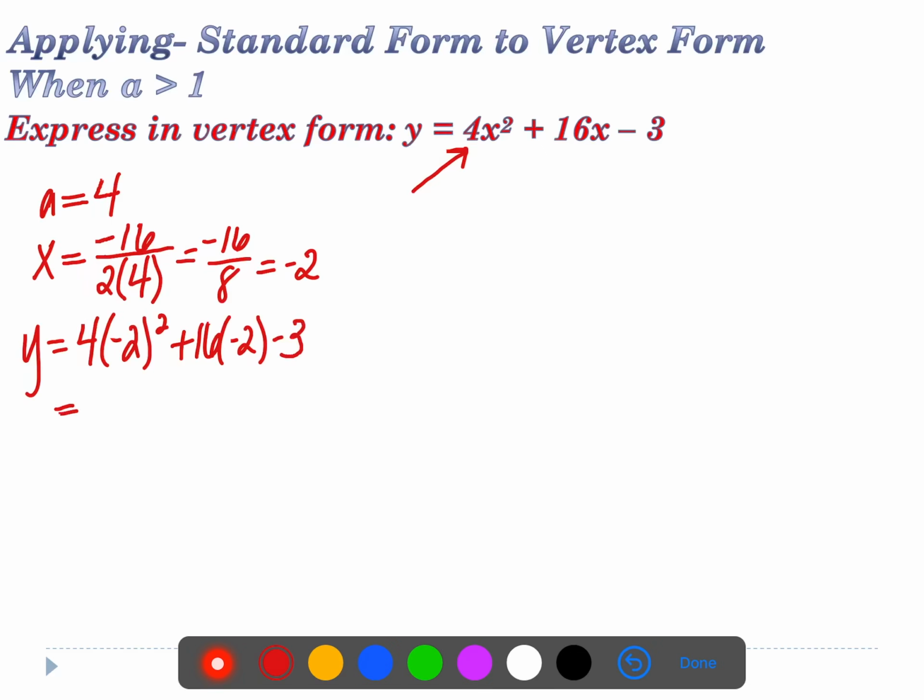Make sure that you're following order of operations when you evaluate this. So our vertex is (-2, -19).